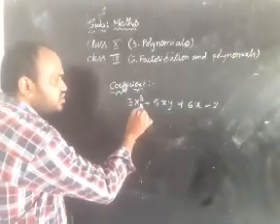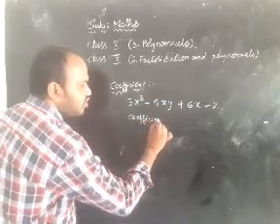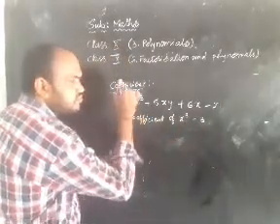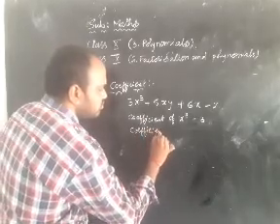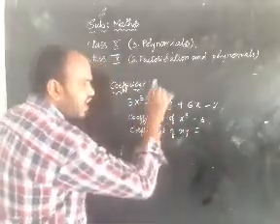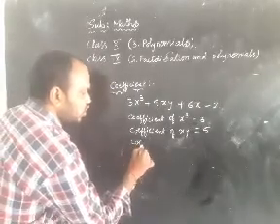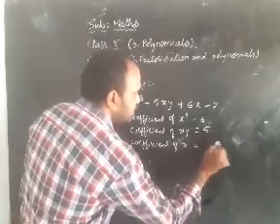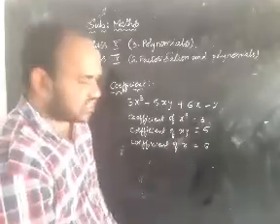The coefficient of x cube is 3. The coefficient of xy: xy is written with one constant, that is 5. So we call 5 the coefficient of xy. The coefficient of x is equal to 6, because we have written x with one constant, that is 6.